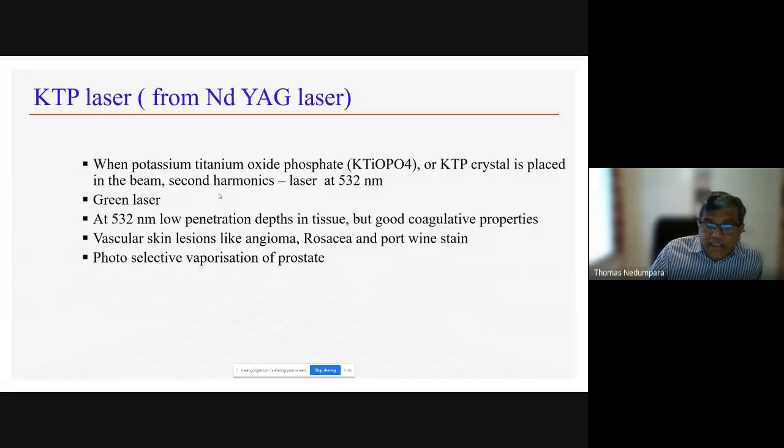It is a green laser, so it is well absorbed by hemoglobin and therefore is used to treat vascular, means blood vessel lesions like angioma, rosacea, and port wine stain. Port wine stain is the type of skin lesion seen in Gorbachev. Everybody will be familiar with that. It's also used for photoselective vaporization of enlarged prostate.